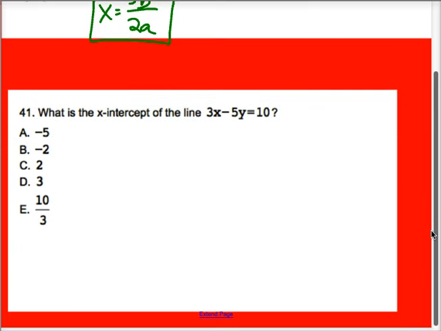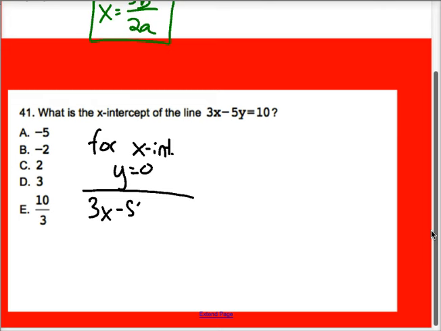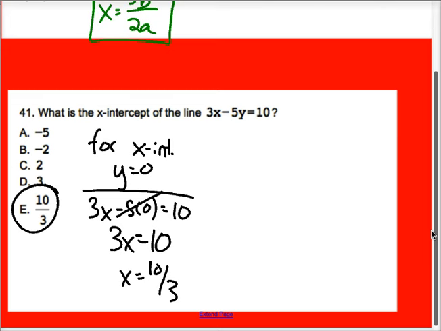And finally, x-intercept. For the x-intercept, it means y is 0. So I'm going to plug in a 0 for y in that equation. And if you notice, the cool thing is, it just kind of drops out. Divide by 3, and you already have your answer, 10/3.